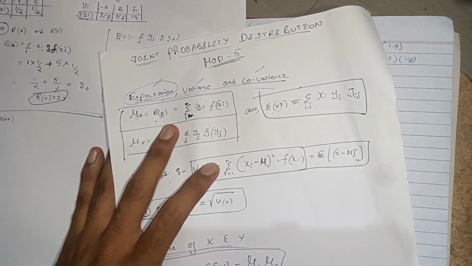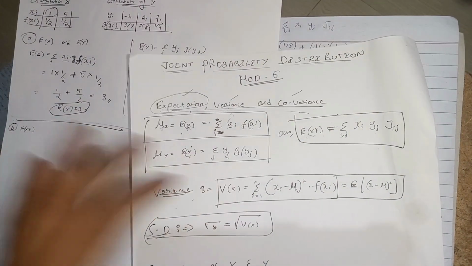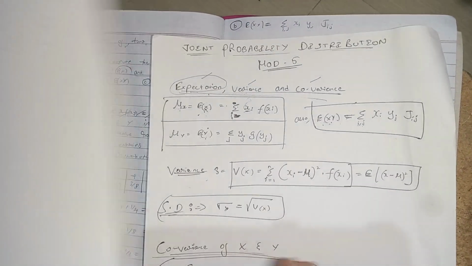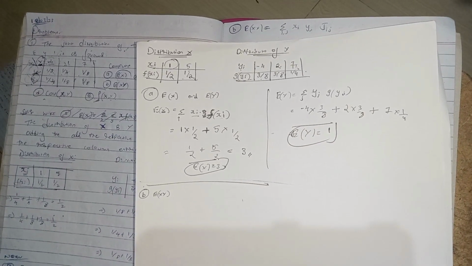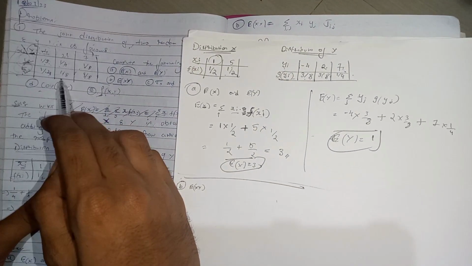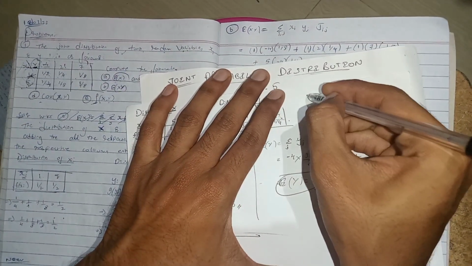This is a general formula, and I'll show you how it should be applied to your example. As I told, you will be having three boxes. The first box is in the question itself, so for clarity we'll draw it here.